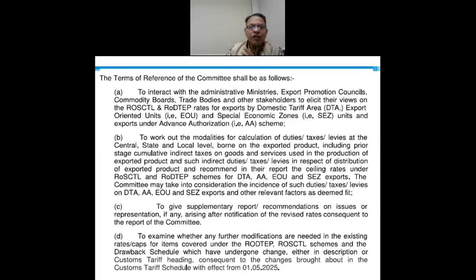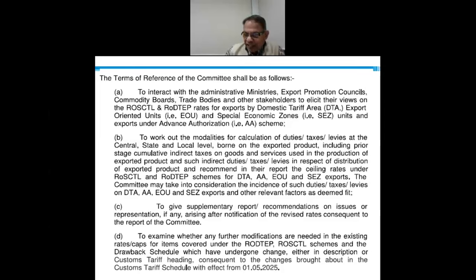Second, to work out the modalities for calculation of duties, taxes, levies at the central, state or local level borne by the exported product, including prior stage cumulative indirect taxes on goods and services used in the production of exported product, and any such indirect duties, taxes, levies in respect of distribution of exported product, and recommend in their report the ceiling rates under RoCTL and RoDTEP schemes.